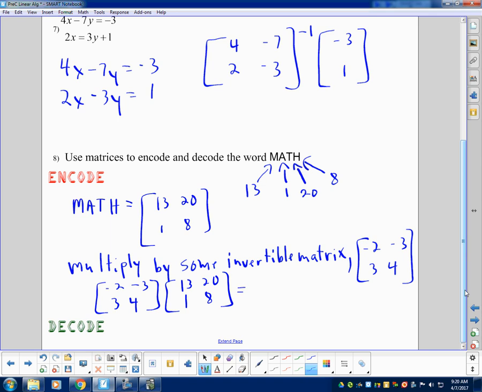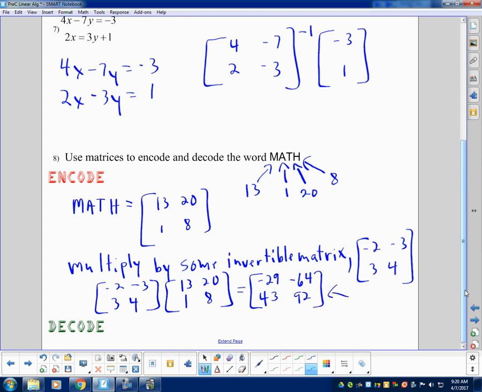You get this new matrix that means nothing to people who might try to break this code. Unless they have the coding matrix, it means nothing to them. So you come up with -29, -64, 43, and 92. And this is called the coded matrix.